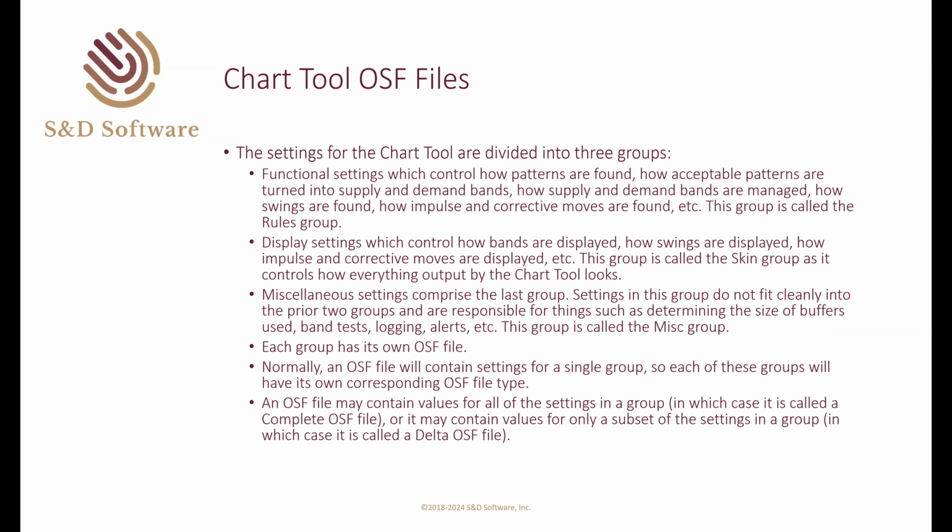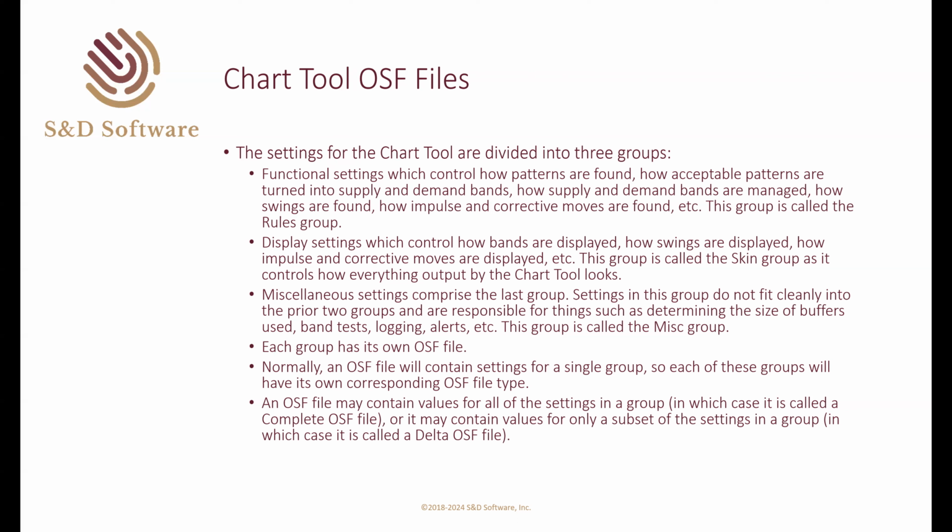The second group contains display settings. And so it's going to have all the things about, if we're drawing a line on the chart, how thick should it be? What color should it be? What style? What level of transparency? If we're putting a label onto something, what font to use, what color, what transparency, what size, all that kind of stuff.